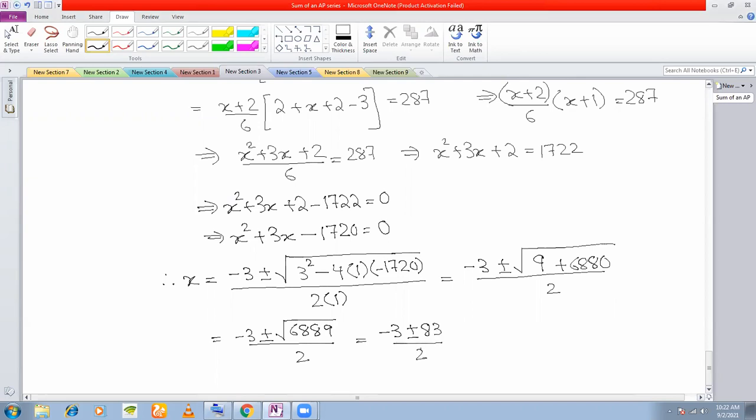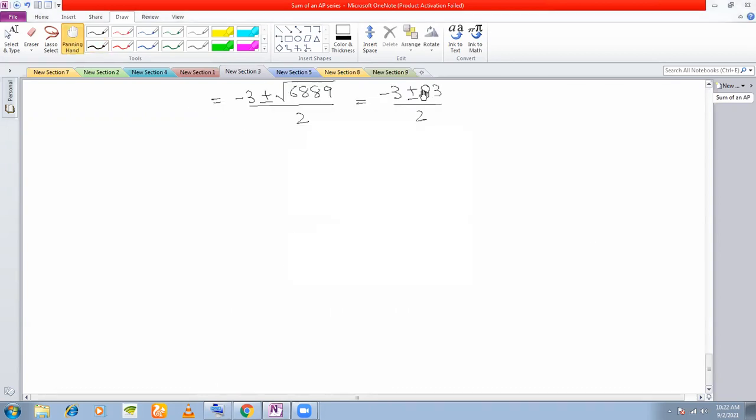Divided by 2. So that means either x is equal to minus 3 plus 83 divided by 2, or x is equal to minus 3 minus 83 divided by 2.